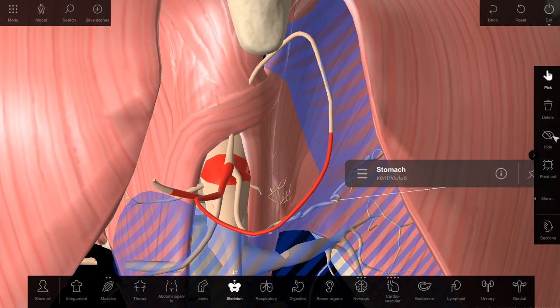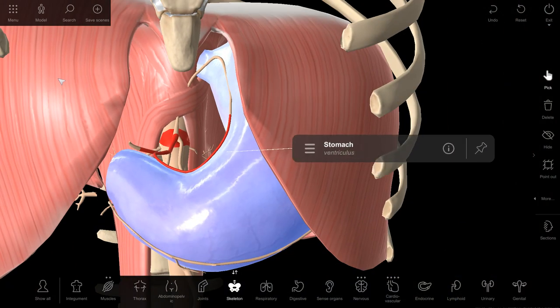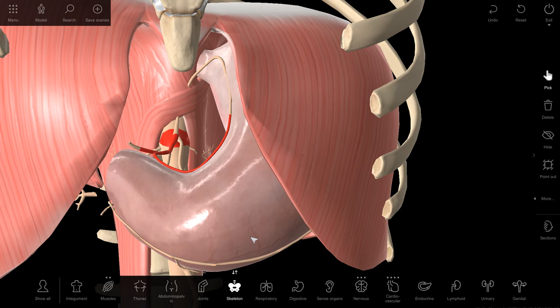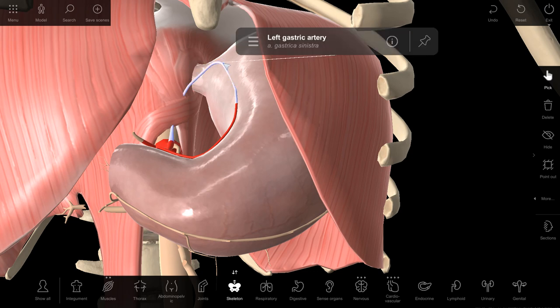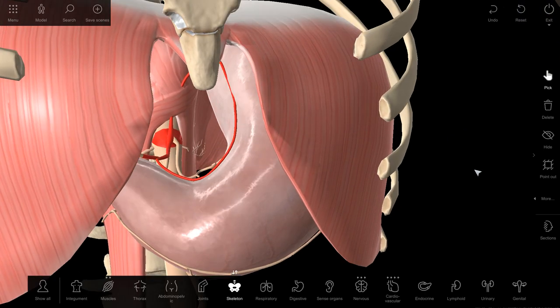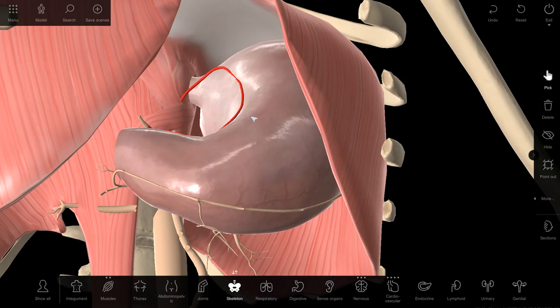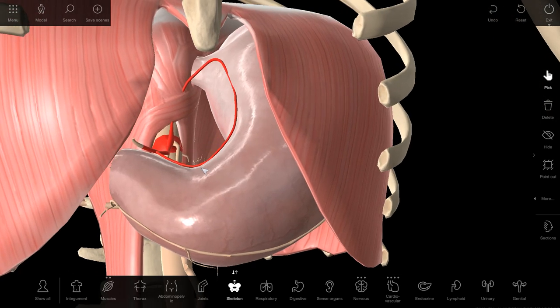Now I want to return the stomach in invisible way, and I colorize this arterial ring, so we can see Arteria gastrica sinistra and Arteria gastrica dextra, which meets each other on curvatura ventriculi minor.